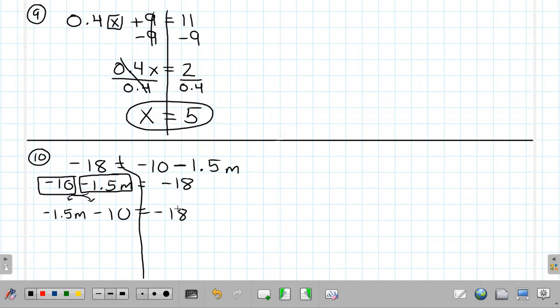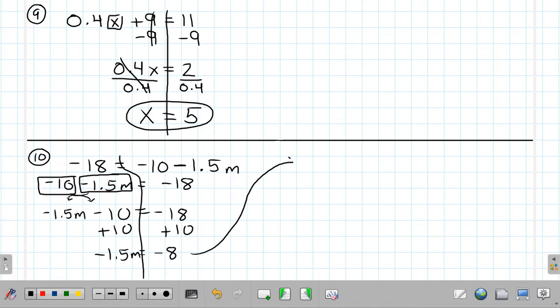And now from here, once again, it's a lot of negatives and subtraction going on, but we know what the steps should be, because we have m, we're multiplying it times negative 1.5, then subtracting 10. So that means my first step needs to be to add 10. So in this case, negative 1.5 m is equal to 8.